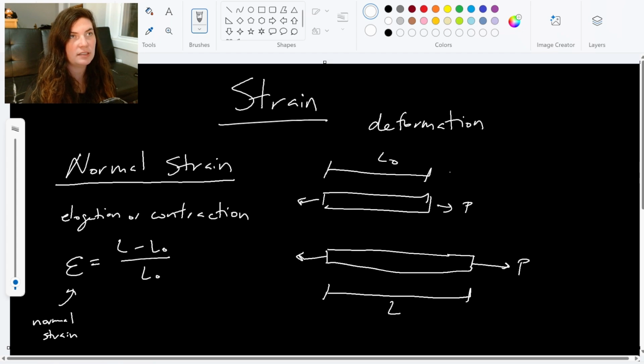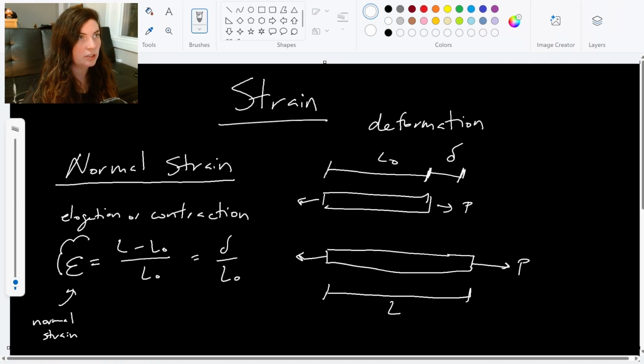So it represents the change in length per the original length. So sometimes you'll see this difference here called delta. So this is a lowercase delta. All right, delta over the initial length. Right, so that delta is just the difference between this initial length and the final length after it undergoes that deformation. Here's our equation.